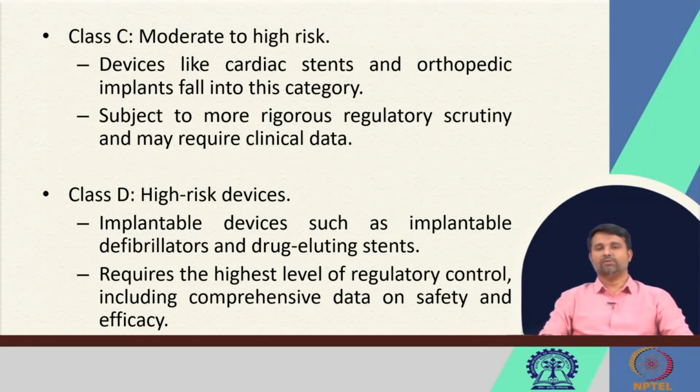Class C is subject to more rigorous regulatory scrutiny and may require clinical data also. Class D deals with high risk devices. Implantable devices such as implantable defibrillators and drug eluting stents fall into class D. They require highest level of regulatory control, including comprehensive data on safety and efficacy.